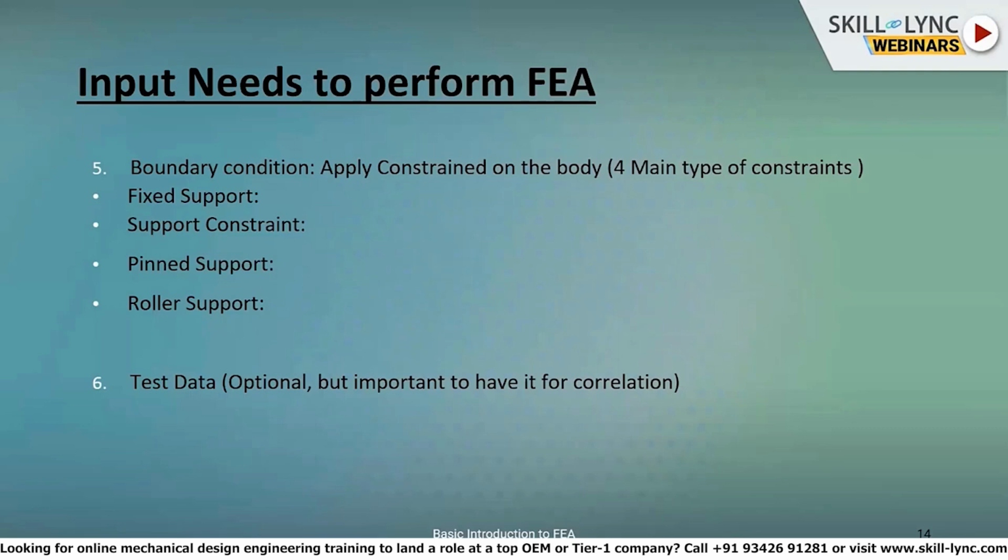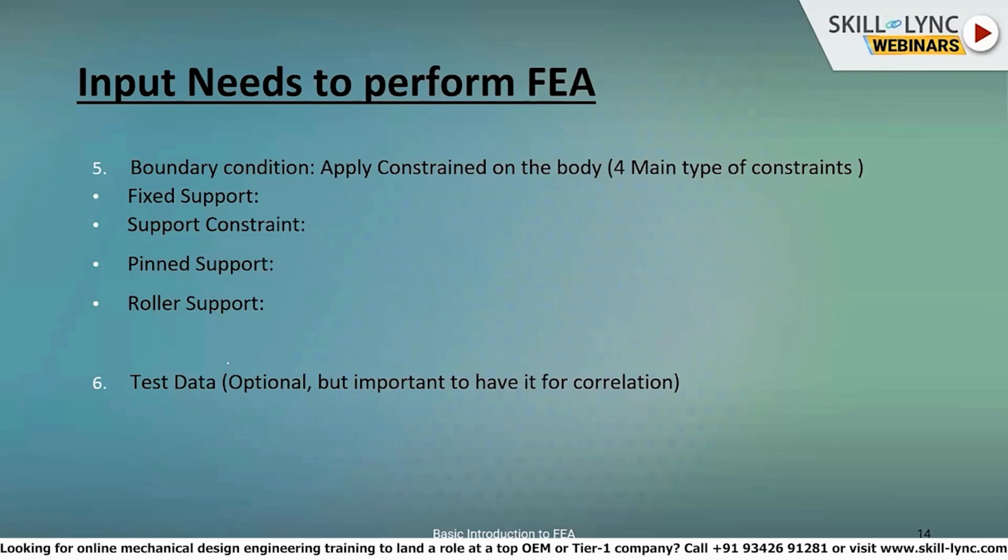In the boundary conditions, we are defining the type of supports the object will have. It can be a fixed support, a support constraint, a pinned support, or a roller support. We have to define whatever the support is, and apply the load, so that we are actually simulating the actual behavior of the case.